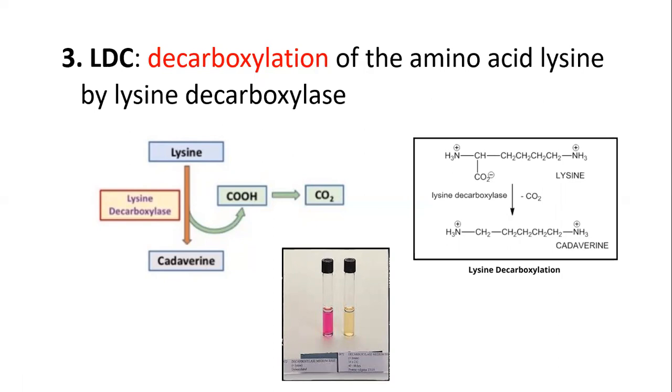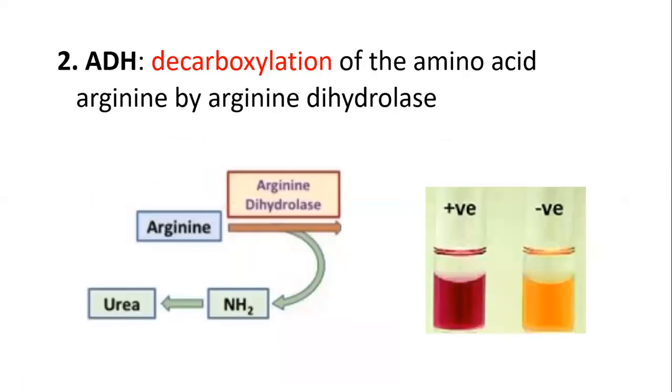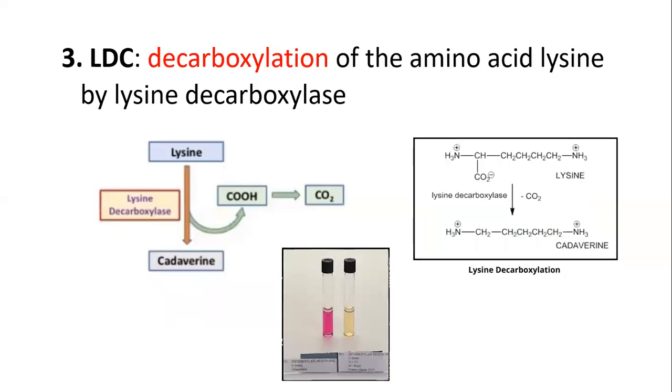This means that in the culture media, in the case of the decarboxylation reaction, glucose is also present. So first the glucose will be fermented, so the pH of the media will decrease. When the pH decreases, the decarboxylase enzyme, if the bacteria has it, will be activated, and it will perform its function and produce its product.